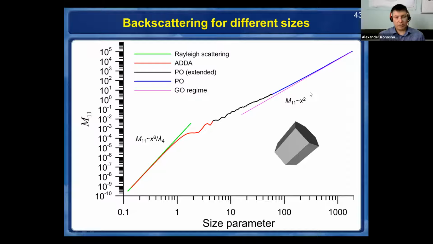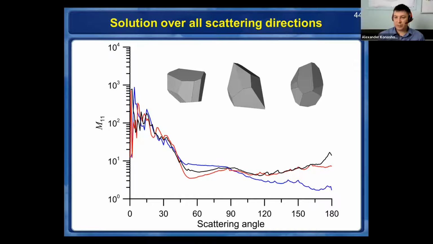And also, when we are trying to find a solution for dust particles like these regular shaped particles, we have to understand that it's not enough to have a solution for just one particle like this, because these 3 particles have completely different solutions, especially for lidar application, up to 10 times different.